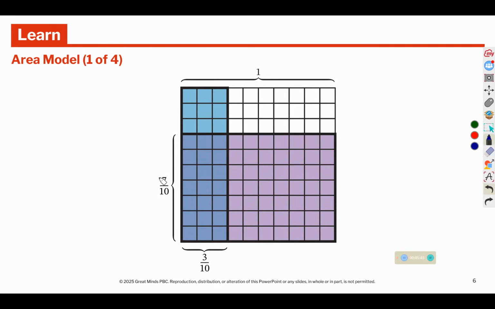So then when we multiply them together, a 10th and a 10th, that gives us 100th. With 10 rows and 10 columns, we have 100 boxes. So our answer here is this part that's double shaded out of 100. So we have 3, 6, 9, 12, 15, 18, 21 hundredths. There are 21 boxes that are shaded with both colors out of 100 boxes altogether.